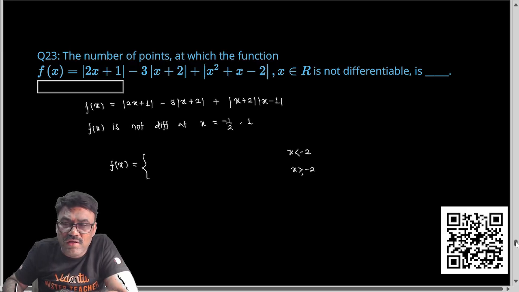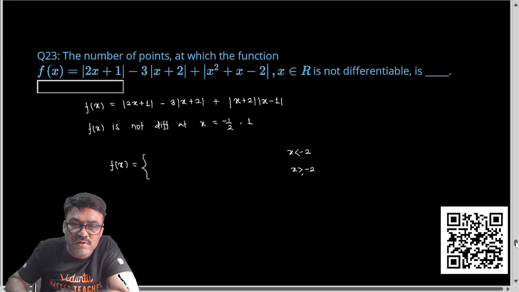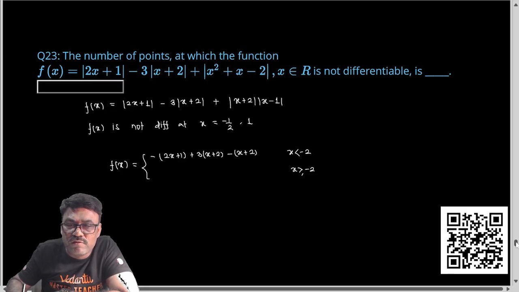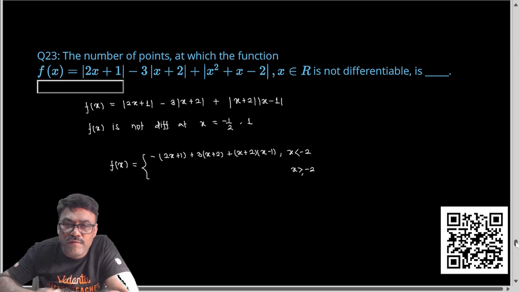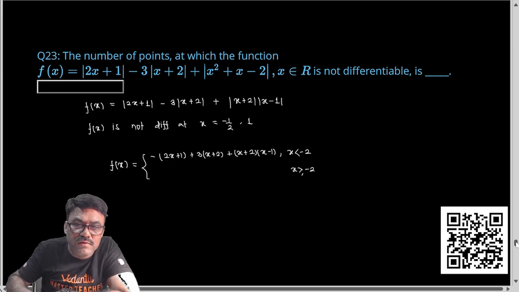So when x is less than minus 2, this 2x plus 1 is negative. So I will write minus of 2x plus 1 here. This 3x plus 2 is also negative. So I will write minus 3 times x plus 2 here. This x plus 2 is negative, so minus of x plus 2. This x minus 1 is also negative, so this will become plus x minus 1. And for x greater than minus 2, again this is negative.